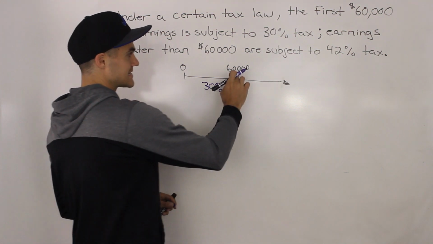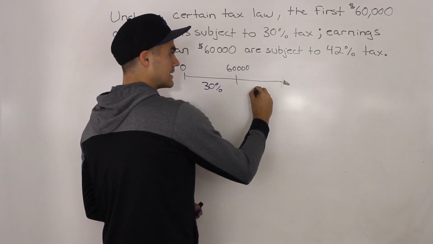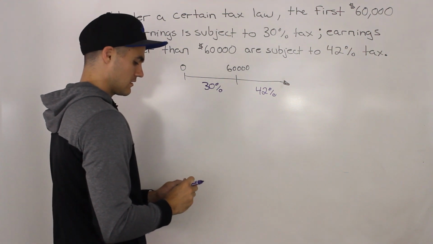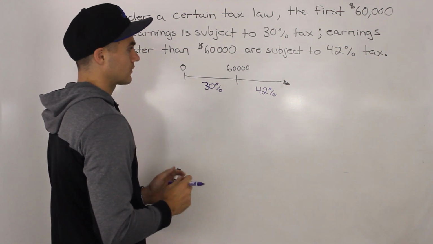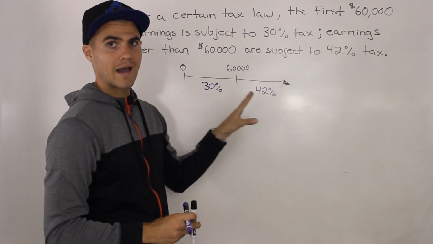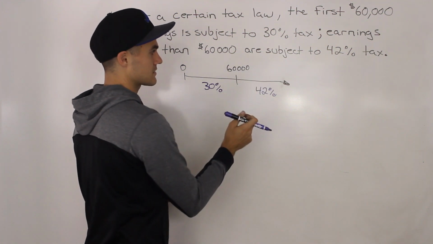But what happens is anything after $60,000, anything greater than $60,000, is subject to 42% tax. Now, here is where people get a little confused. Whatever's over $60,000, that full amount doesn't get taxed, only the portion that's above $60,000.